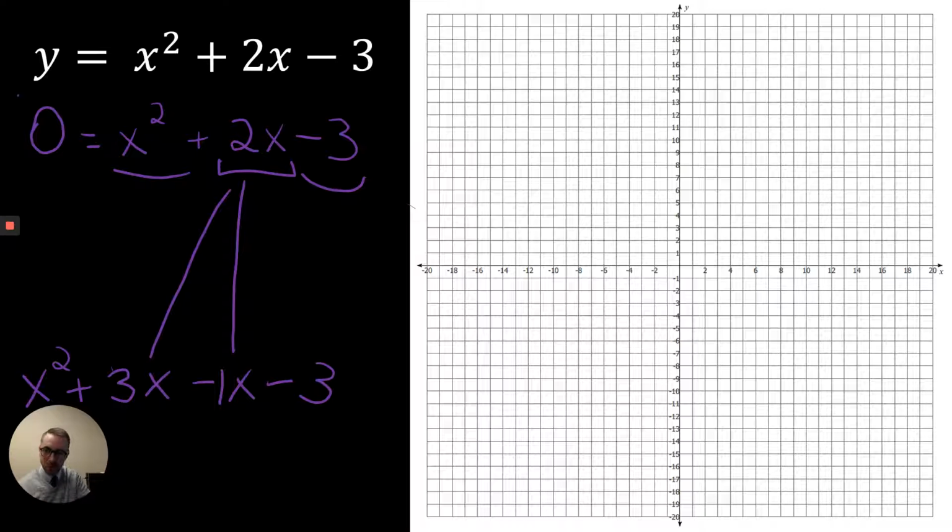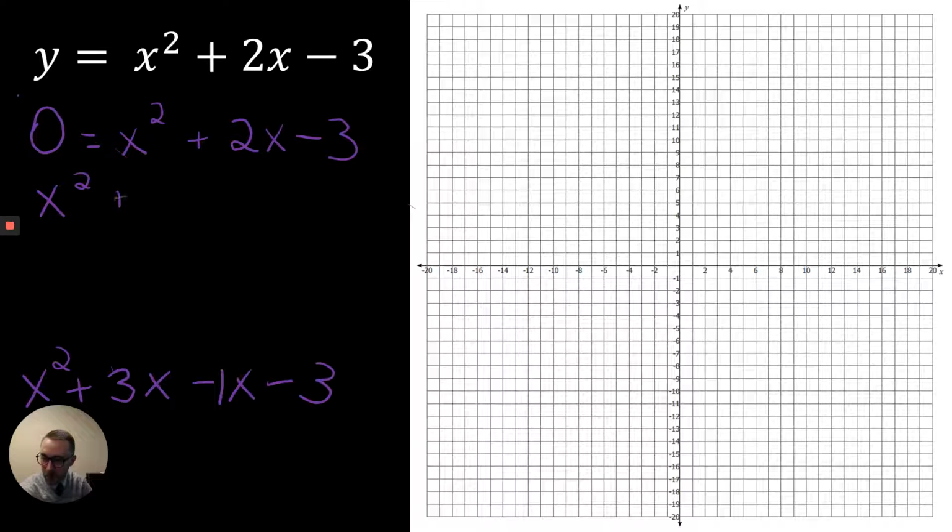So this is my new equation, my new expression. It has 4 terms now instead of 3. Let me write this a little bit higher. I'll say x squared plus 3x minus 1x minus 3.